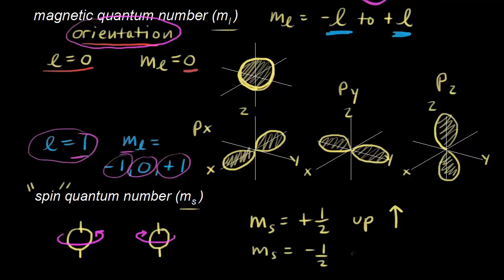You usually hear that referred to as spin down, and you could put an arrow going down. So if you think about two possible ways for an electron to spin, then you get these two possible spin quantum numbers, positive 1/2 or negative 1/2. So those are the four quantum numbers, and we're going to use those to think about electrons in orbitals.